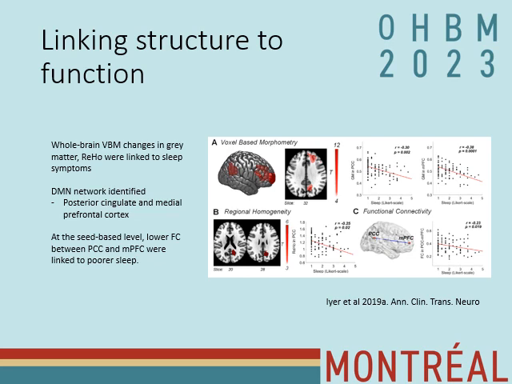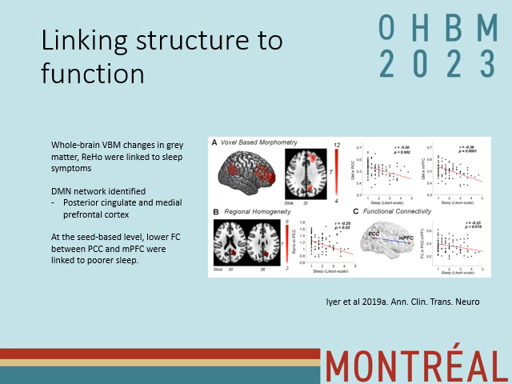We then built upon this evidence from our T1 scans to explore functional changes within this network. And we applied a whole brain analysis to use regional homogeneity. And what we found was that this exact node in the posterior cingulate was also significantly negatively correlated with sleep.